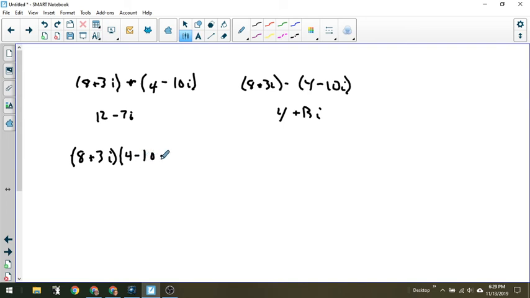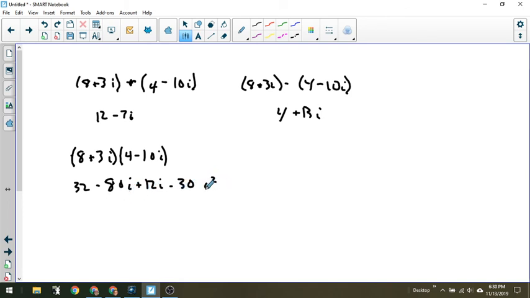And the way I multiply these is I FOIL them. I multiply the first two terms together, I get 32. The outside terms, I get negative 80i. The inside two terms, I get plus 12i. The last two terms, I get minus 30i squared.